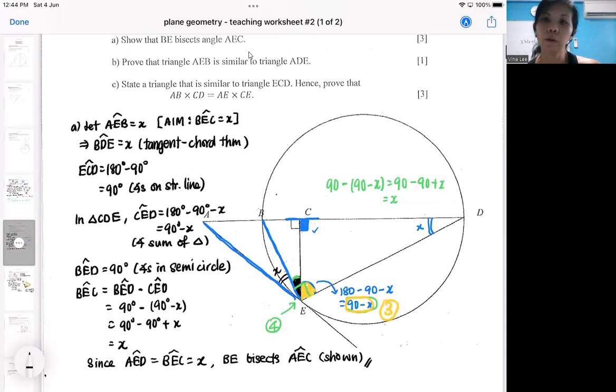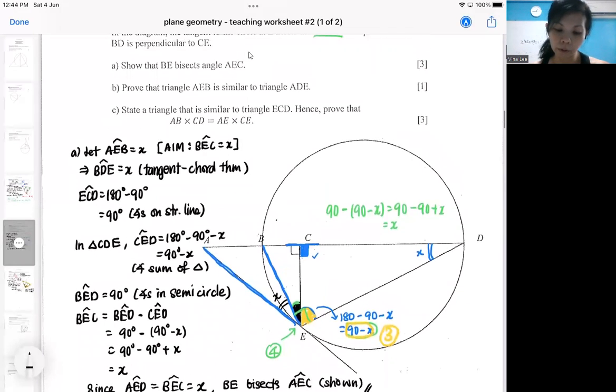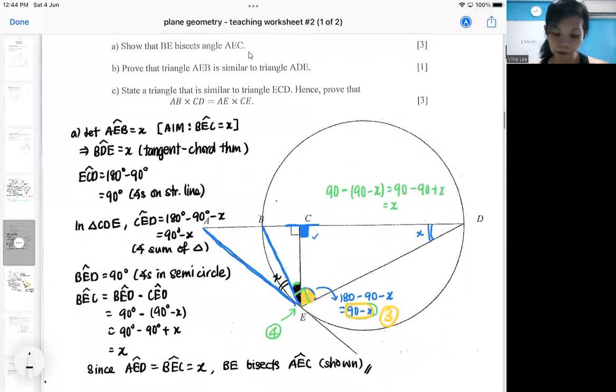Okay, so that's how you play around with algebra. You get it started first, but during the process, you got to play around with it. Maybe it doesn't work. When it doesn't work, you sometimes got to change the choice of your algebra. Okay, so that is for question 5A.